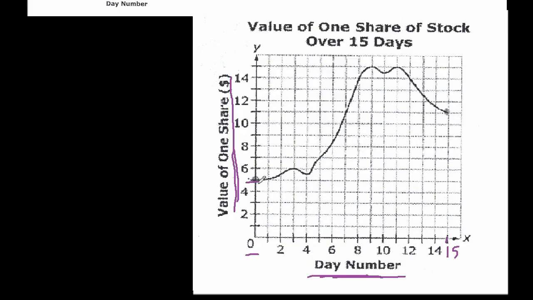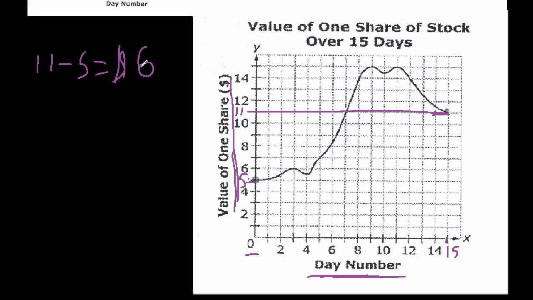So at 0, we're going to be at 5. The number between 4 and 6 is 5. And then this value at day 15, we trace it all the way back. The number between 10 and 12 is 11. So what's the difference between 11 and 5? 11 minus 5. How much value did we gain? We got $6 in profit.